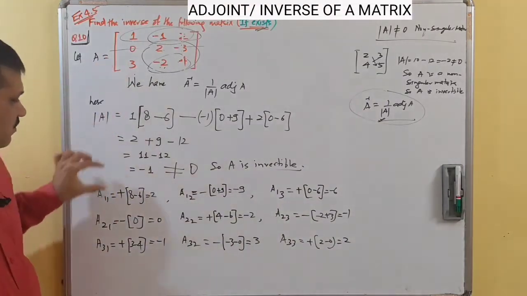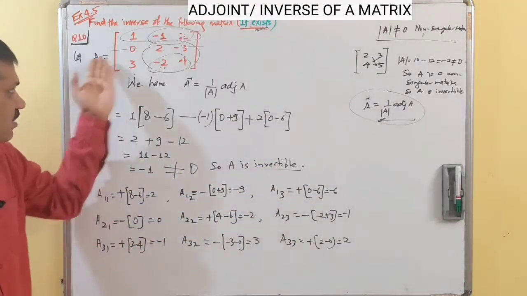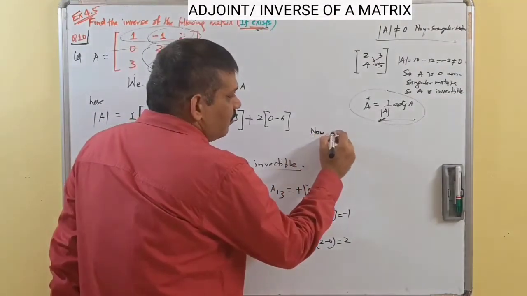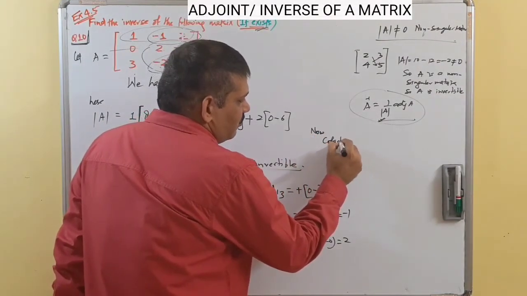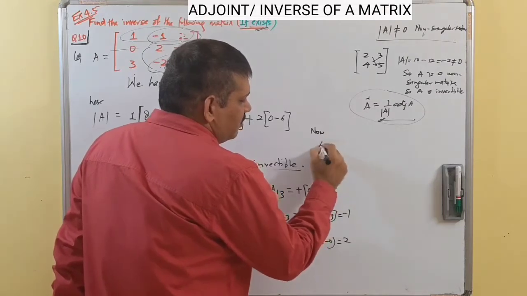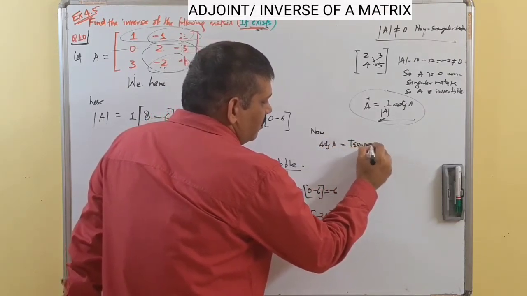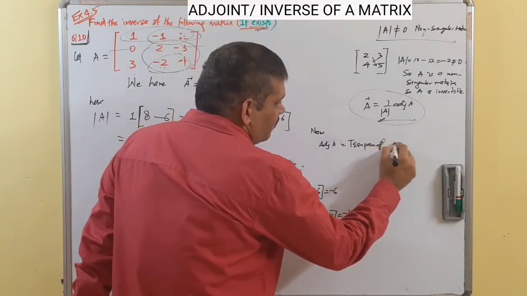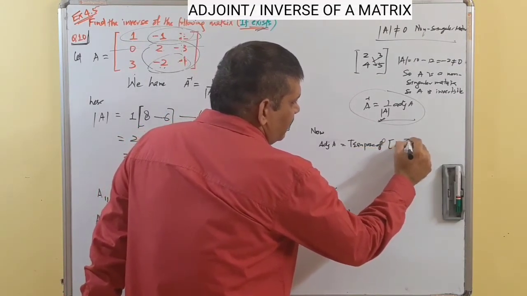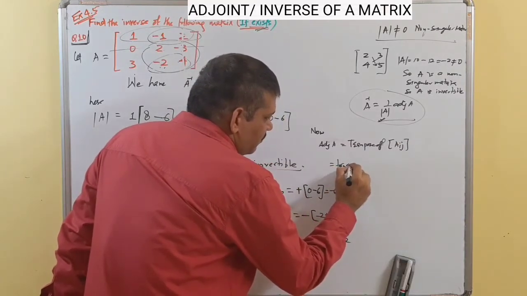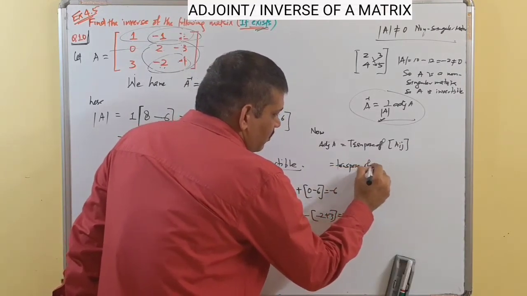Cofactor of this element, first, second, third, then again first, second, third. Now the cofactor matrix, adjoint A. Adjoint A is equal to the transpose of the cofactor matrix.